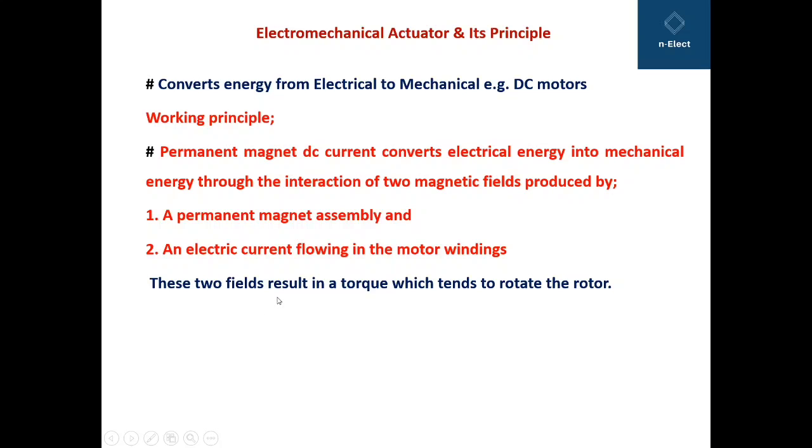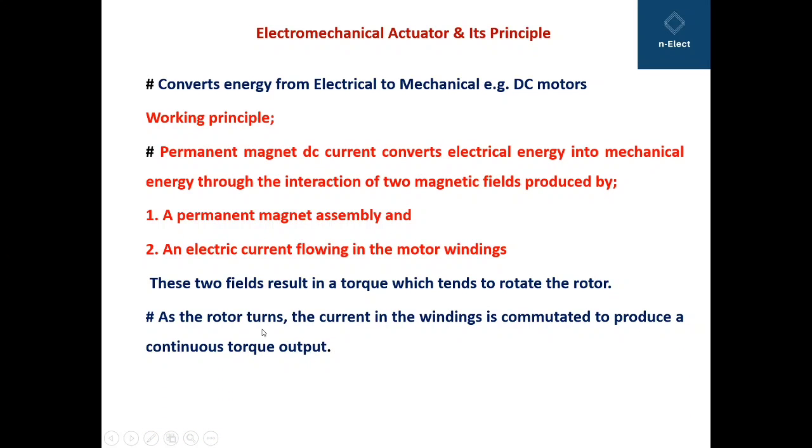These two fields result in a torque which tends to rotate the rotor. As the rotor turns, the current in the windings is commutated to produce continuous torque output.